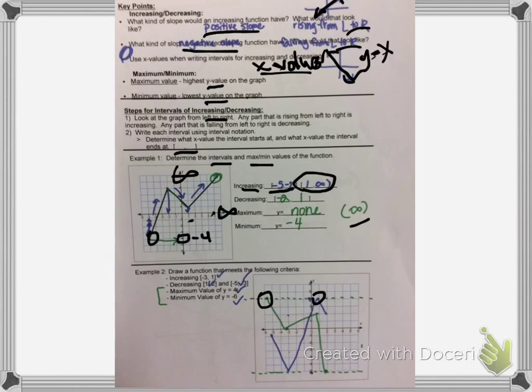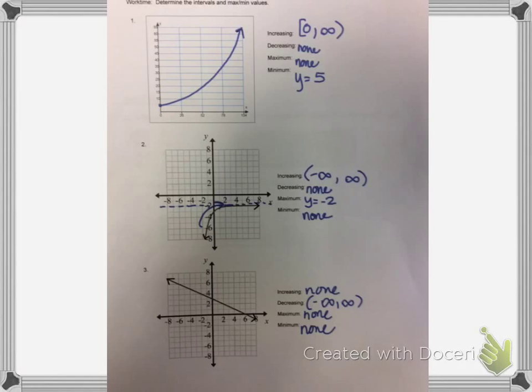And then we also notice that our minimum x value has to be negative 6. Notice both of our graphs stop at x equals negative 6. So both of these graphs meet this criteria. Alright, next part.